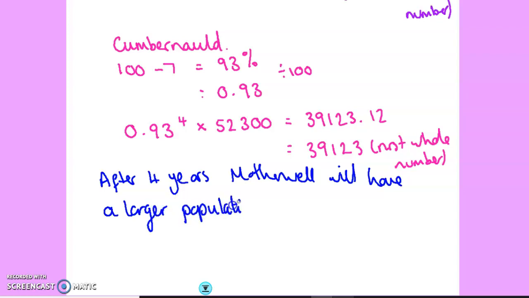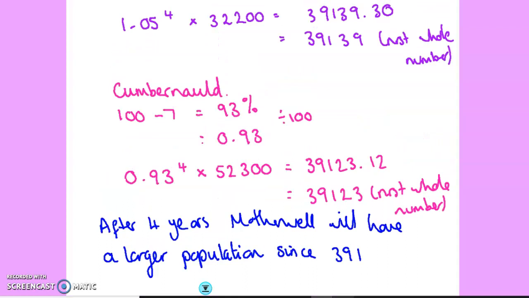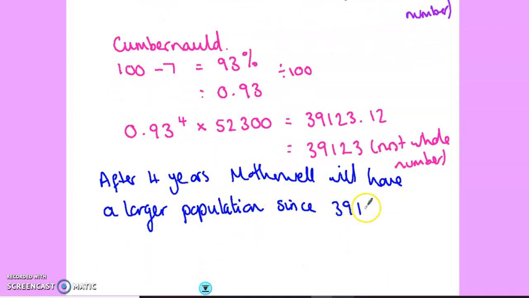And when you're answering these questions, you're assuming that whoever is looking at them is really, really silly and doesn't know why. So you say since 39,139 is bigger than 39,123. Now this is just a mathematical symbol that means greater than. You can just write out in full bigger than if you prefer. Okay, I'll leave you to practice some of these.